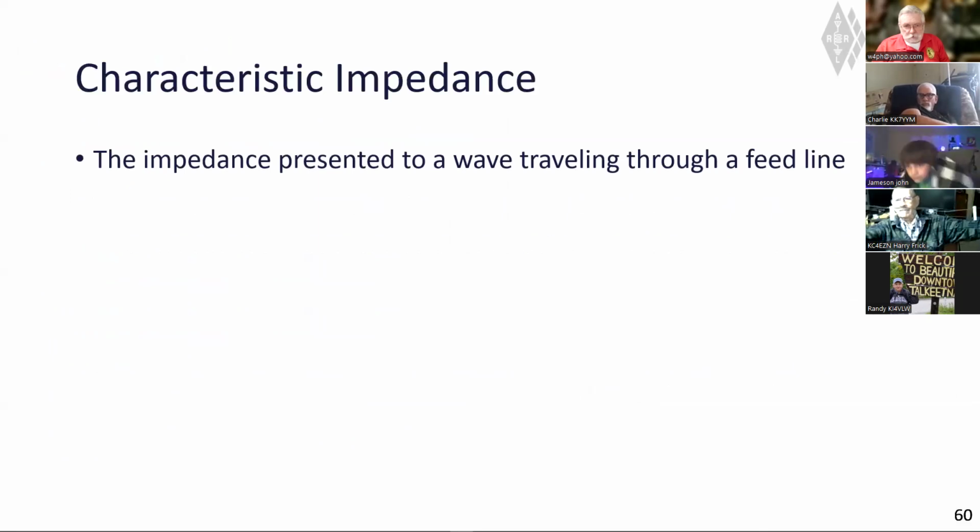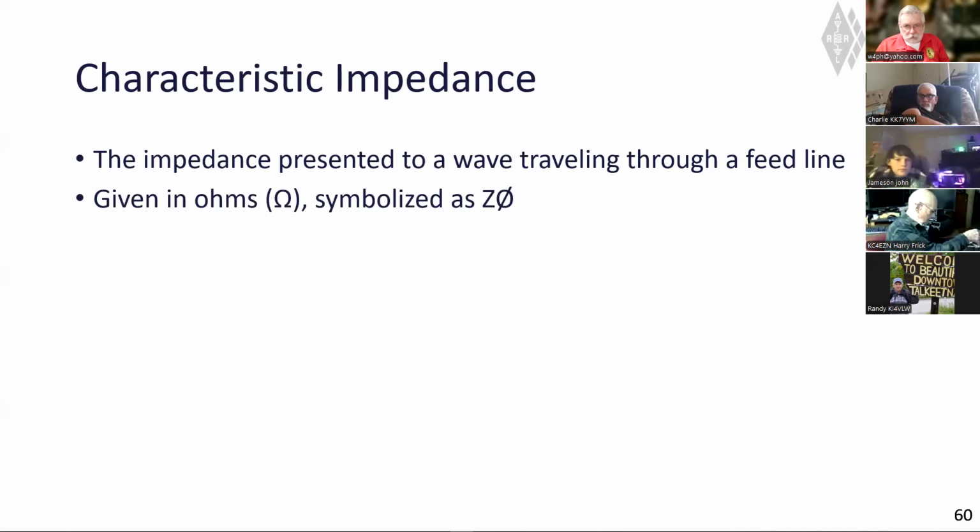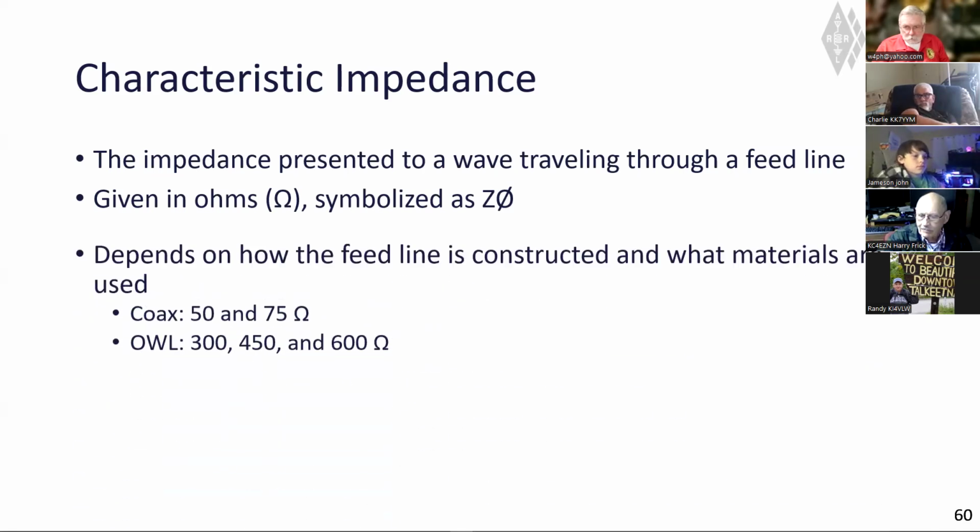Characteristic impedance. The impedance presented to a wave traveling through a feed line. It is given in ohms and its symbol is Z0, zero being an O with a line through it there.